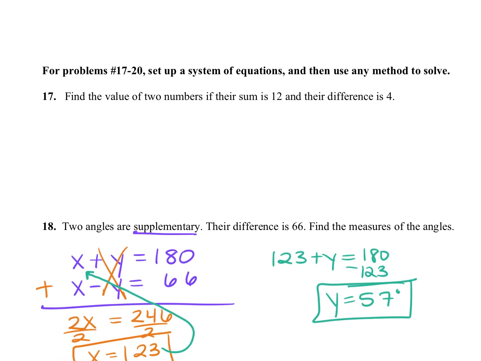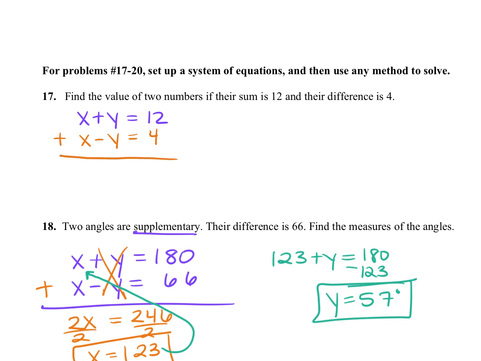Okay, so 17, it says find the value of two numbers if their sum is 12 and their difference is 4. So if we call the two numbers x and y, what are your equations? Sum is 12, so x plus y equals 12, and x minus y is 4. Okay, substitution or elimination?